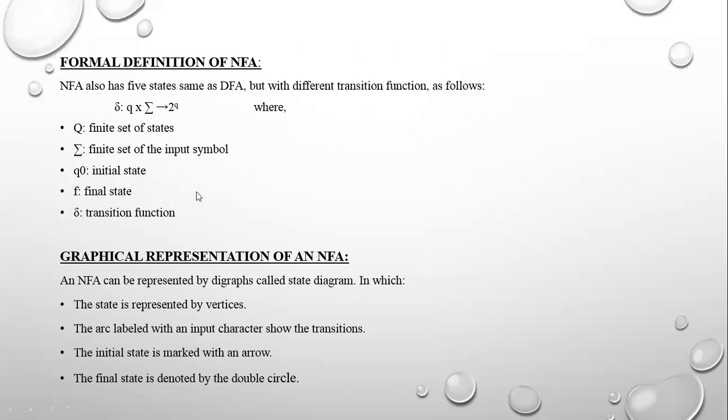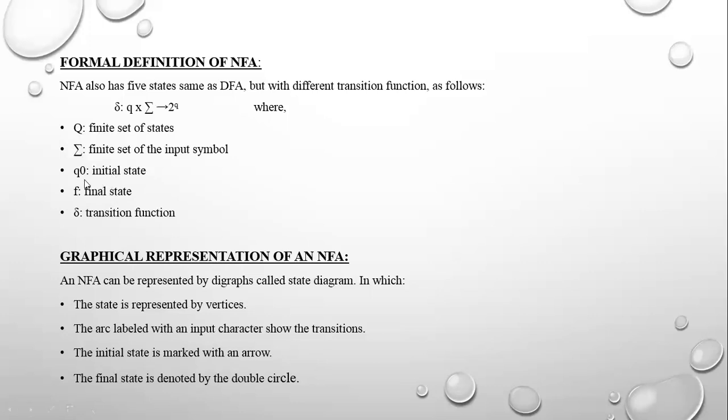Here delta is a transition function that changes from one particular state to a number of states. Suppose we give an input value to one state, that input value can reach n number of states. But in the deterministic finite automata, it reaches only one state.